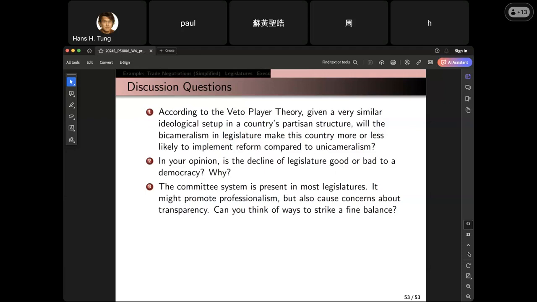Then gradually, especially in Western history, the franchise was extended to all the adults in the country. That's when we have a democracy, right? So now the franchise is not just enjoyed by those people who have money or who are aristocrats. So legislature is always the center of democracy. It's also viewed as the center for the expansion of democracy.